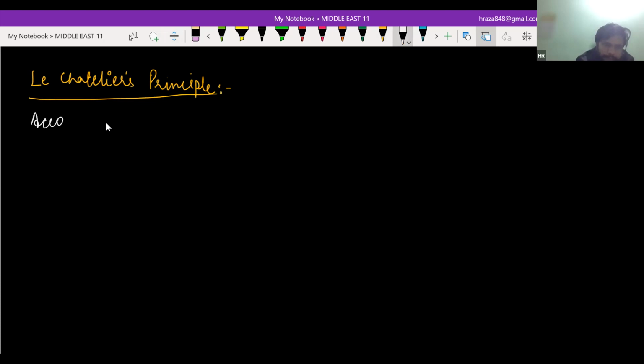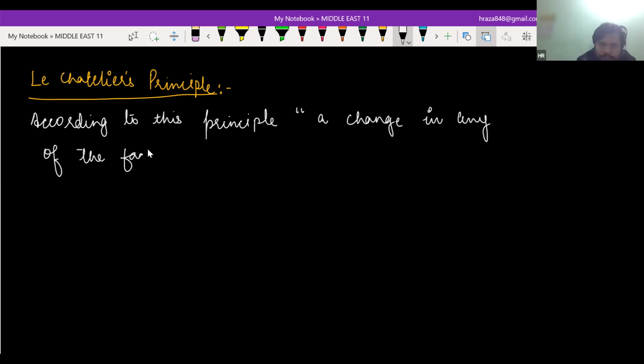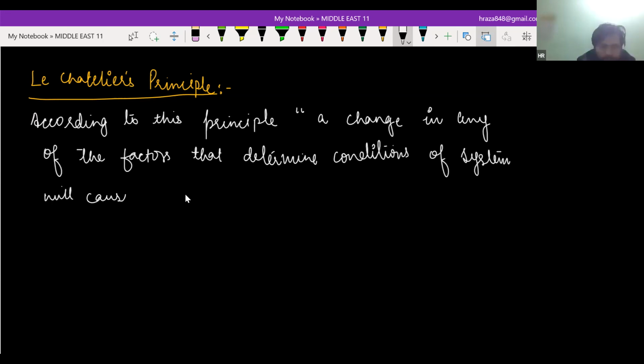According to this principle, a change in any of the factors that determine the conditions of a system will cause the system to change in such a manner.